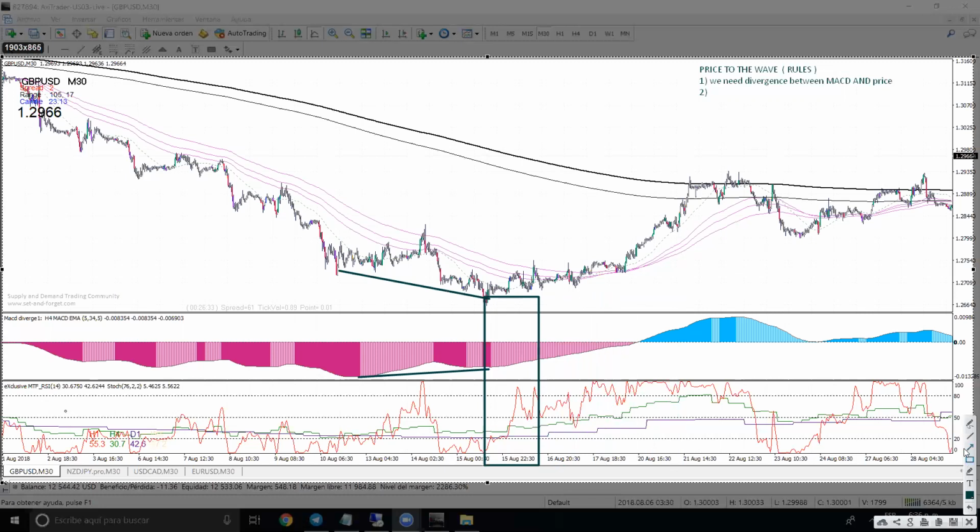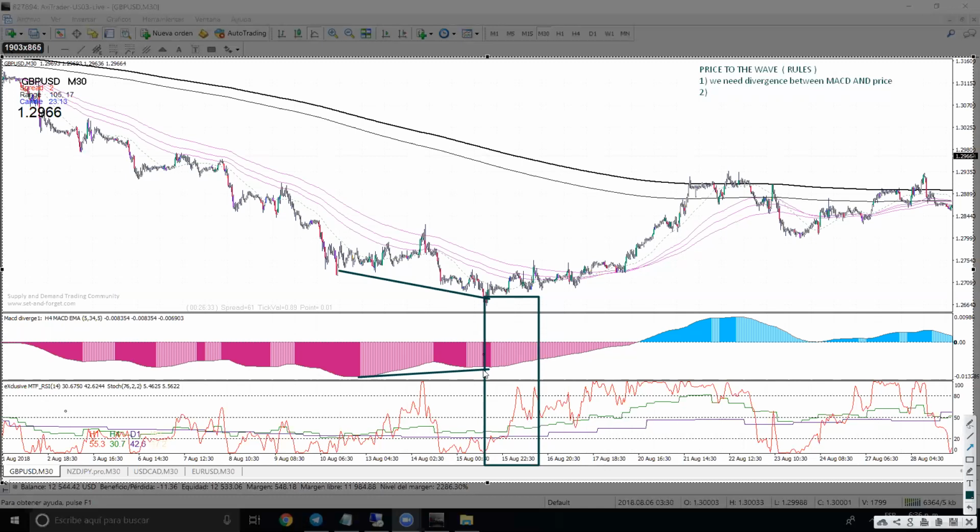The first thing is that we need to check that the indicator has the 80 level, 50 level, and 20 level. These levels are really important, and we need to understand 80, 50, and 20.